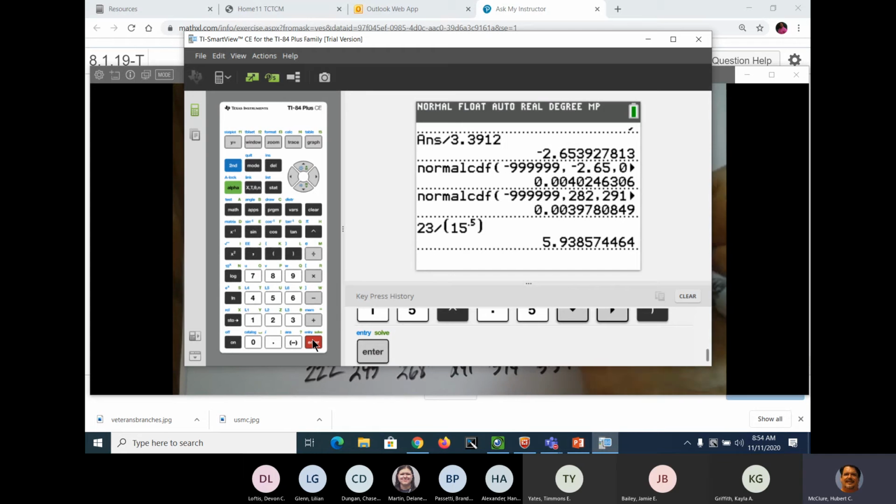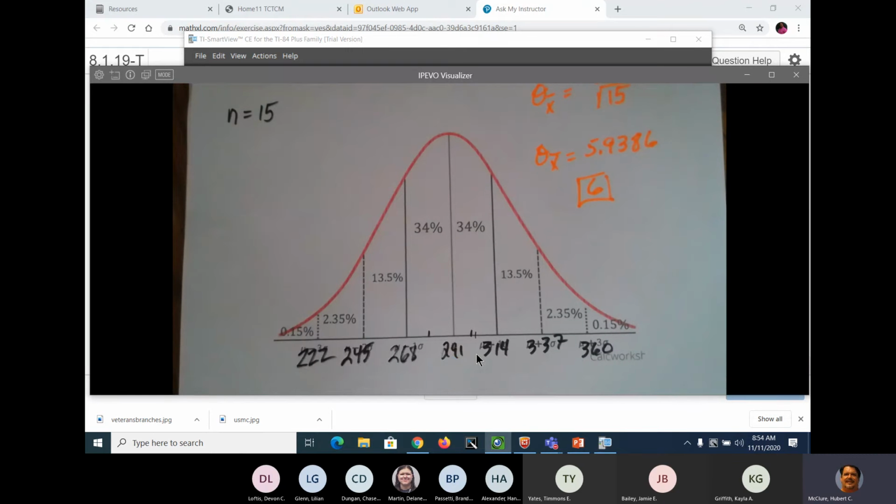I'm going to use 6 for my curve. So I'm going to go down here, and that's going to be 297, 303, and 309. And this is going to be 291 minus 6 is 285, 285 minus 6 is 279, and 279 minus 6 is 273.